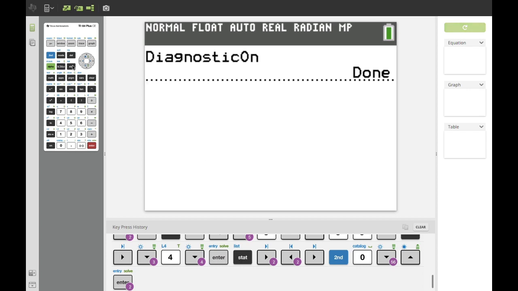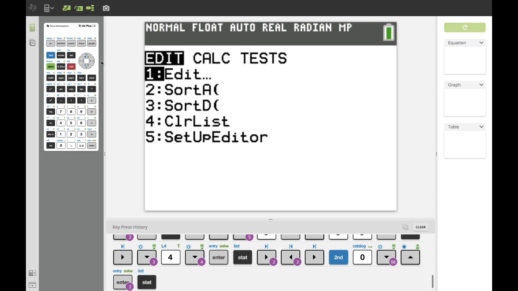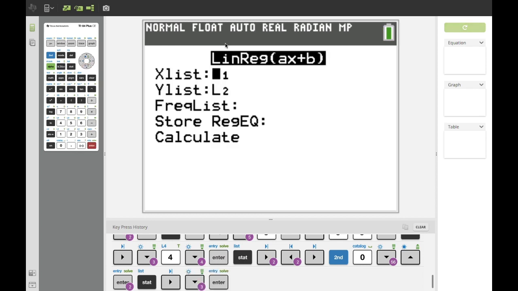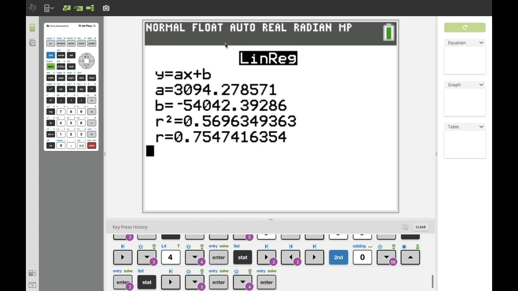So after that, run the linear regression once more. Try to see what happens with the values given. So you now have here the value of r, which is what we were looking for. So try to confirm if you're able to get this one as well.